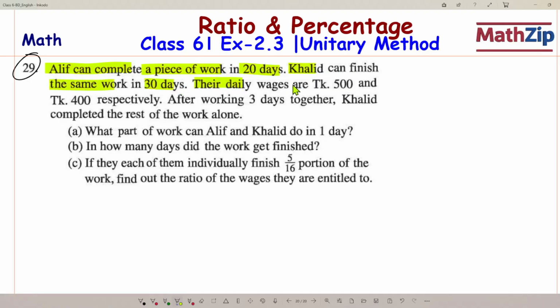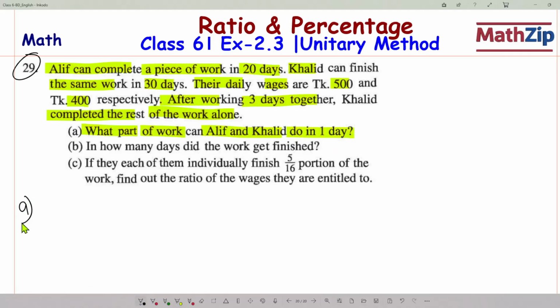Their daily wages are 500 taka and 400 taka. 500 taka is for Alif and 400 is Khalid. After working 3 days together, Khalid completed the rest of the work alone. Our first question, what part of work can Alif and Khalid do in one day?